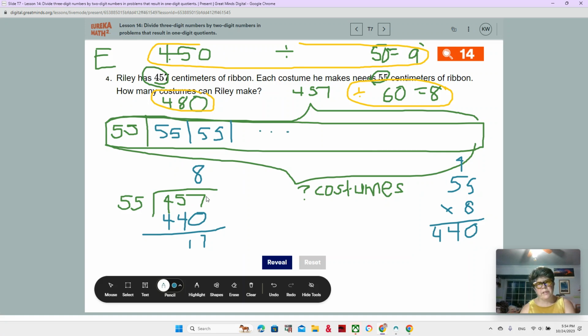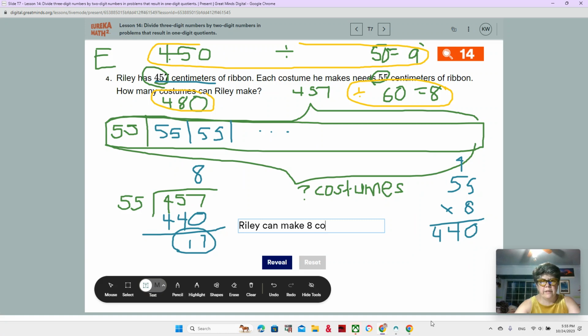I don't need to put them all in there, but I know I need 8. What does this 17 mean now? I started with this many centimeters, so I have 17 centimeters left over. Maybe I can use it on a different project, right? Okay, so Riley can make 8 costumes. Okay, make sure you always write words to go with the word problem.